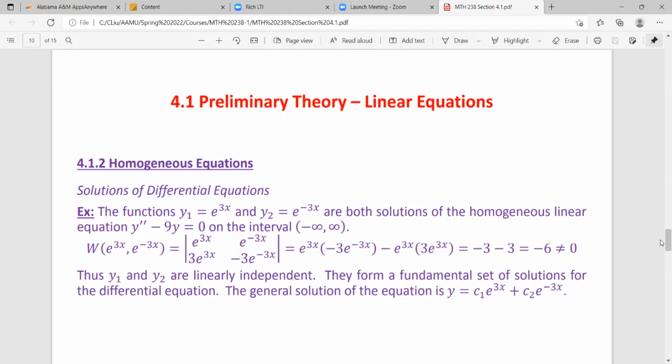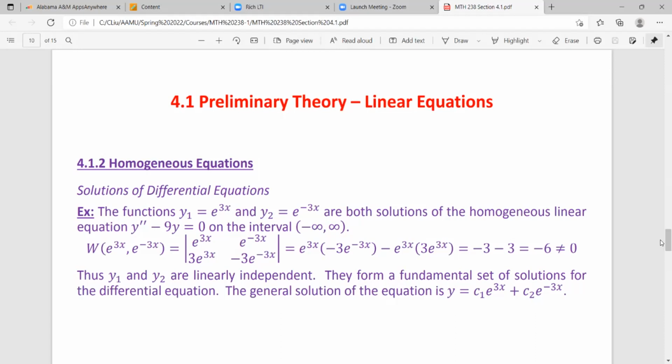If we plug in y1 or y2 into the equation, you can see the equation holds. Those two solutions are valid on the interval from negative infinity to positive infinity. So x can take any real numbers, that means.